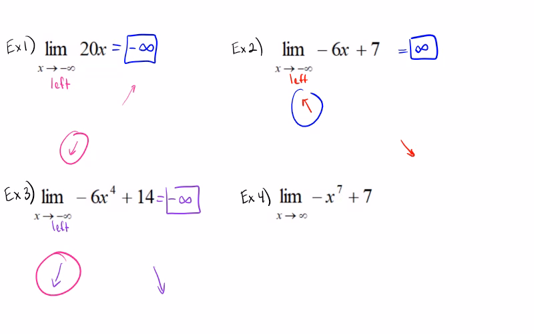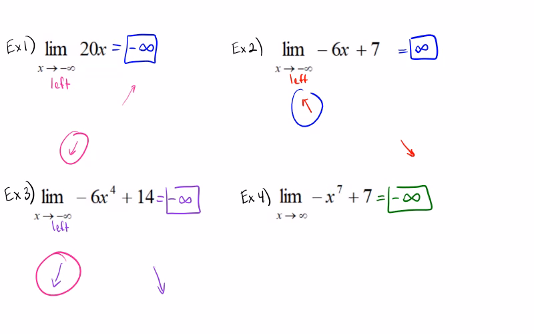But then this negative is going to turn them all negative, and so this will actually approach negative infinity. Generally if we didn't have this sign here, this would go to positive infinity, but that negative flips all those positive numbers to negative numbers.